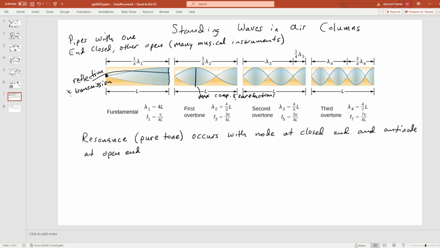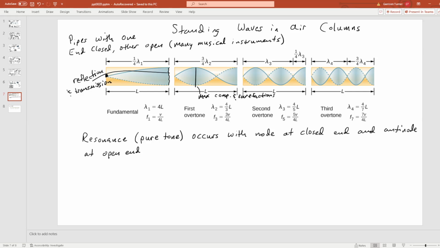And because you get your maximum compressions and rarefactions, these are by definition changes in pressure. And so, whatever the pressure is in the atmosphere, your pressure at the antinode will be different, and you will get a pressure differential, and you will therefore get reflection and transmission.